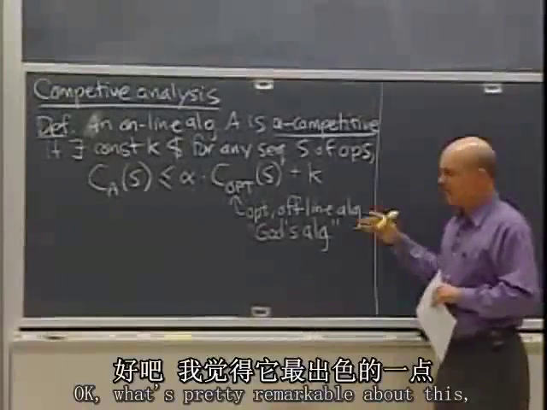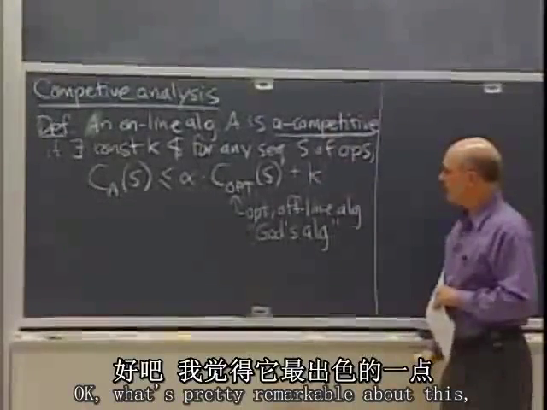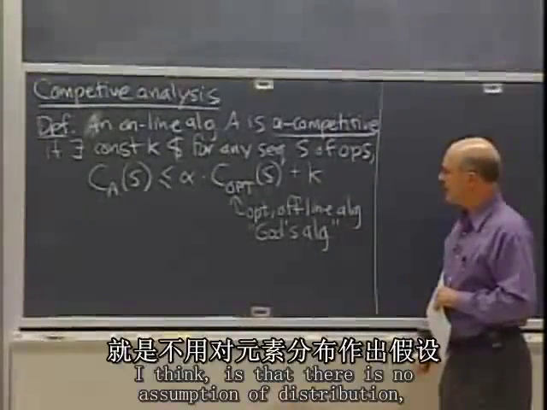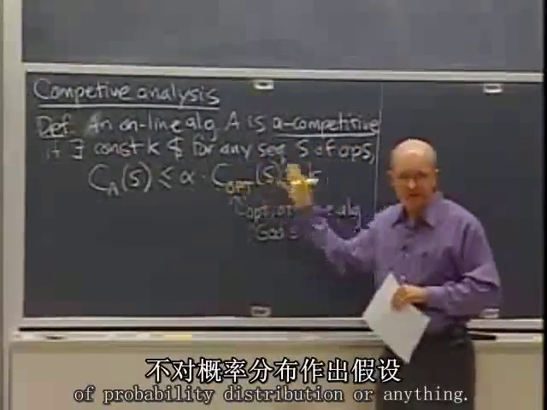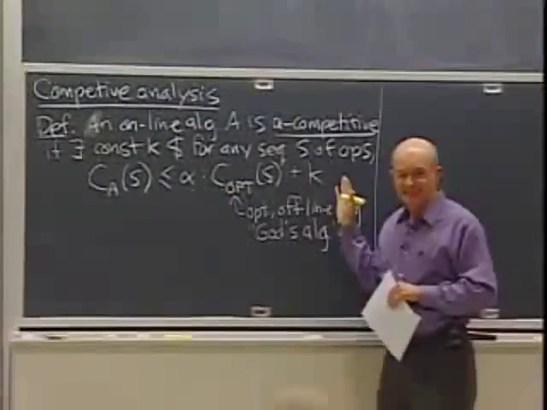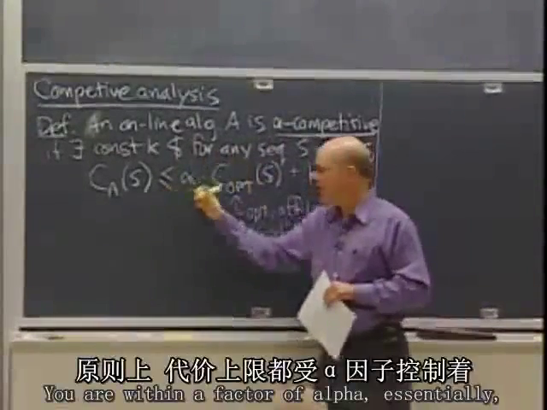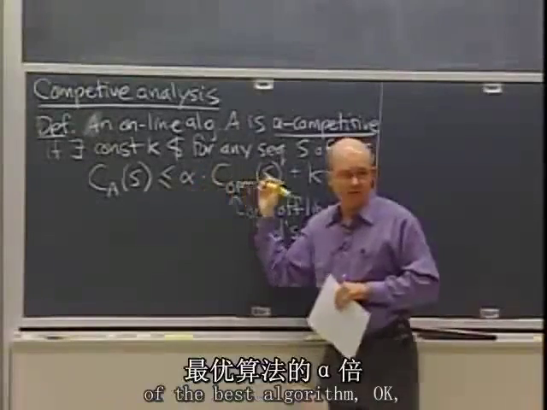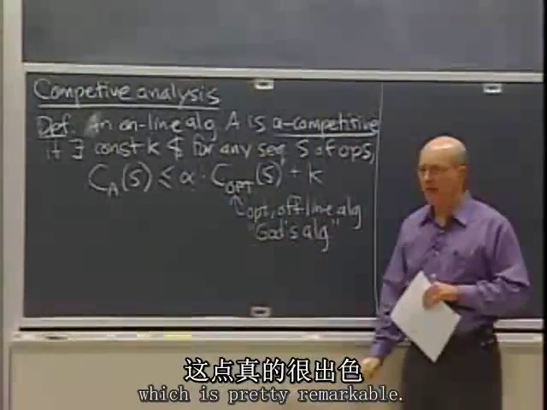Okay? What's pretty remarkable about this, I think, is that there's no assumption of distribution, of probability distribution or anything. It's whatever the sequence is that you give it, you're within a factor of alpha, essentially, of the best algorithm. Okay, which is pretty remarkable.